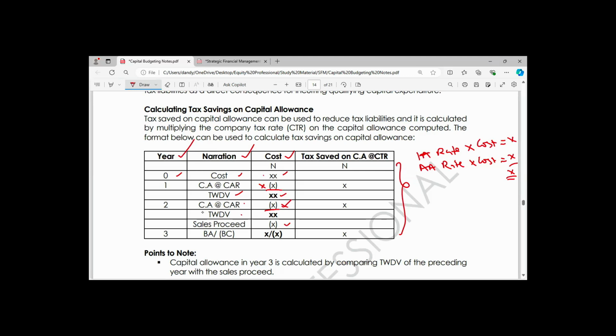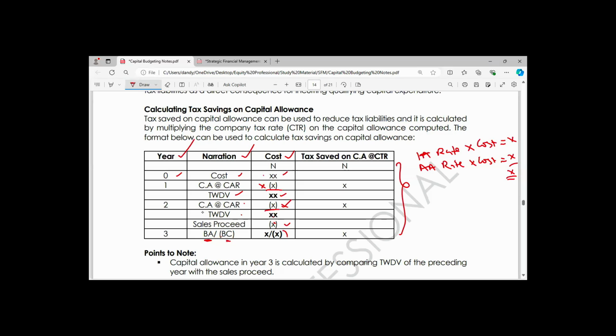If the tax written down value is greater than the sales proceeds, it is called balancing allowance, like I said the other time. But if the tax written down value from the preceding year is less than the sales proceeds, then it is called balancing charge. If it is a balancing charge, you put your final answer in brackets. If it is a balancing allowance, it is a plus.